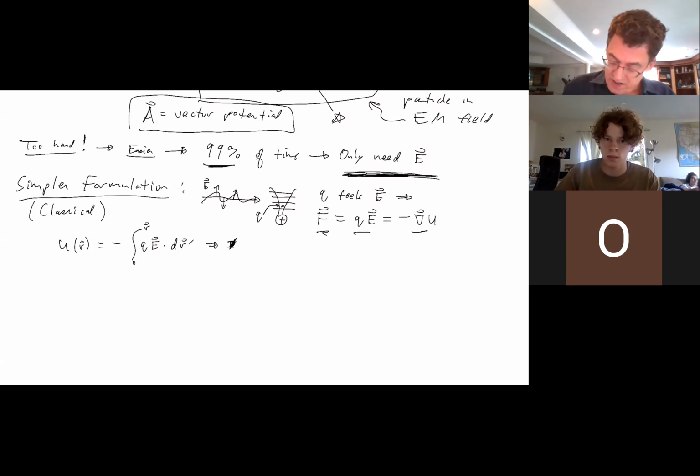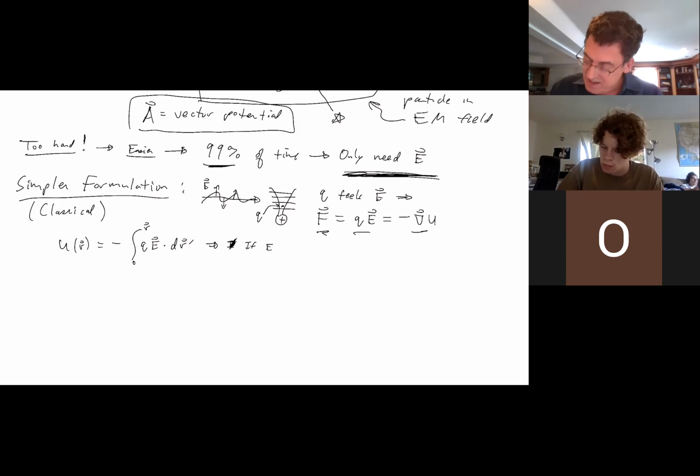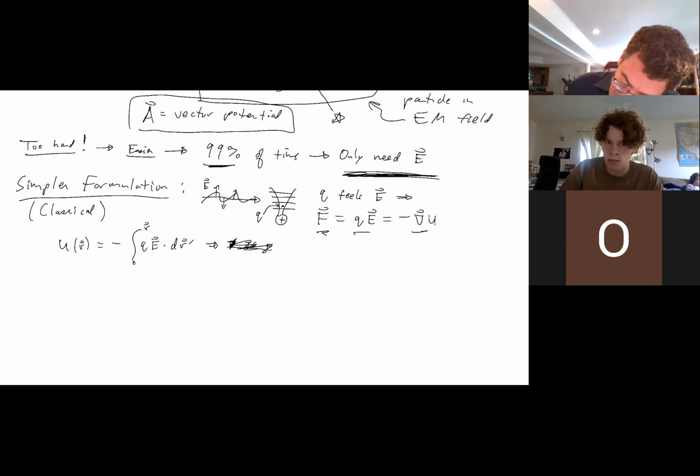And so what we can do is we can just say, let's just say that if E is constant, here's the thing. An atom is small.